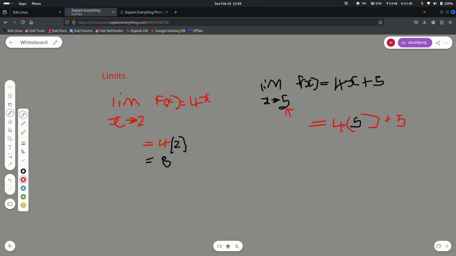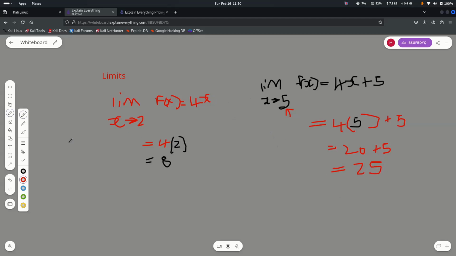So 4 multiplied by 5 is going to be 20. 20 plus 5, so our final answer is going to be 25. So this is how simple it is to solve the limits.